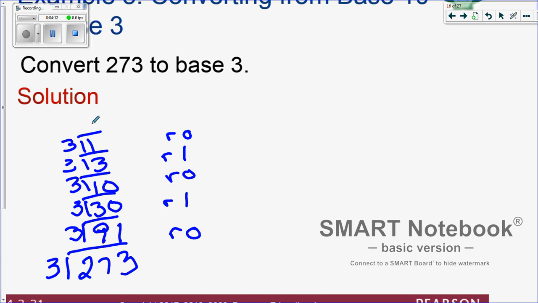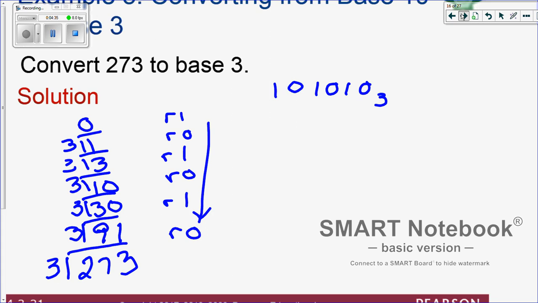So 3 goes into 1 0 times with a remainder of 1. And you read your answer down. So my answer this time would be 1 0 1 0 1 0 base 3. And you always have to write that little subscript of 3, otherwise it looks like it's base 10. That would be one hundred one thousand ten. So you always have to write the subscript.